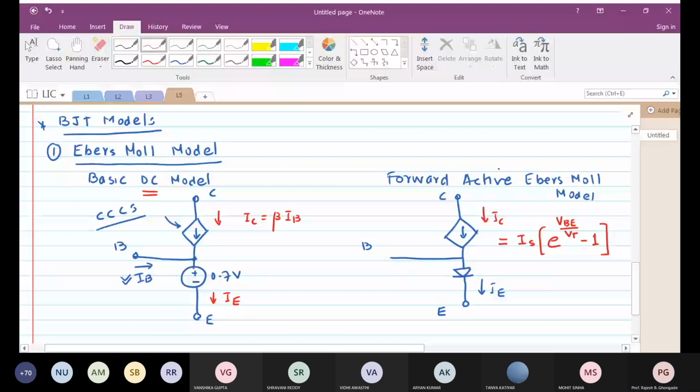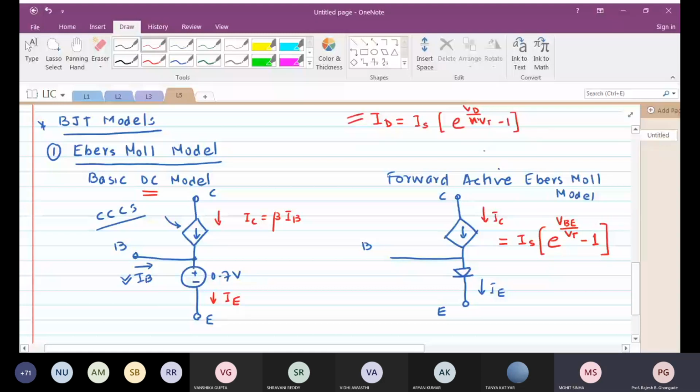All right? And don't you think this is very, very similar to the diode equation that we have seen? The forward diode current is equal to the reverse saturation current into e to the power Vd by eta Vt minus 1. Isn't it similar?